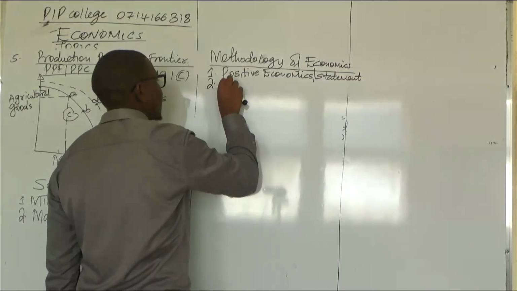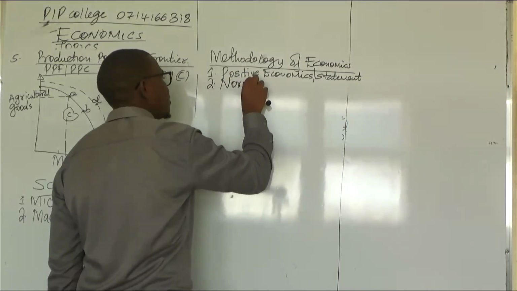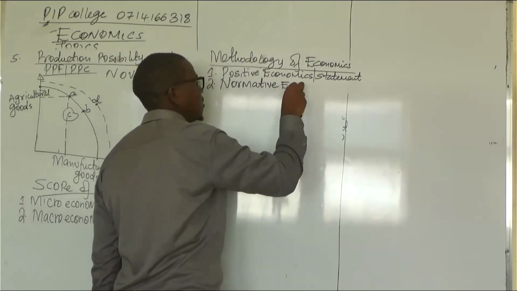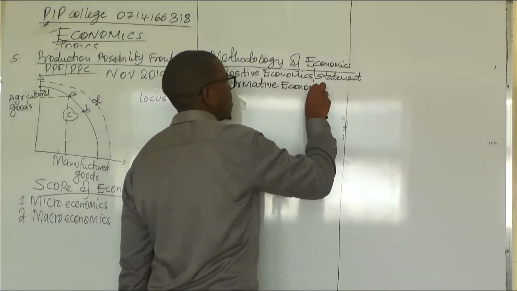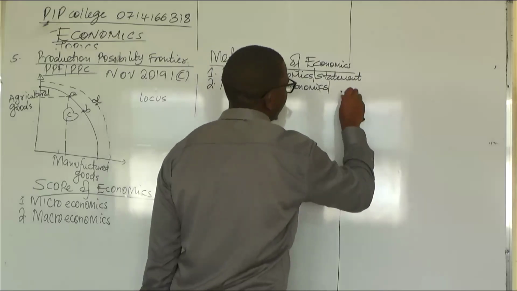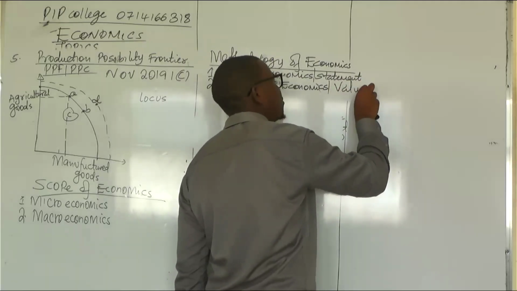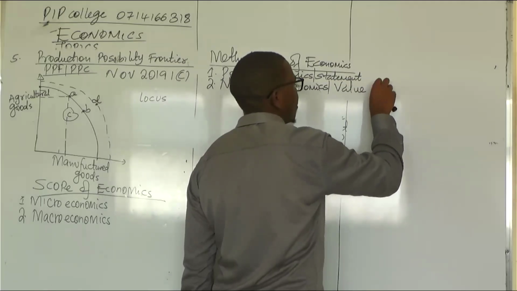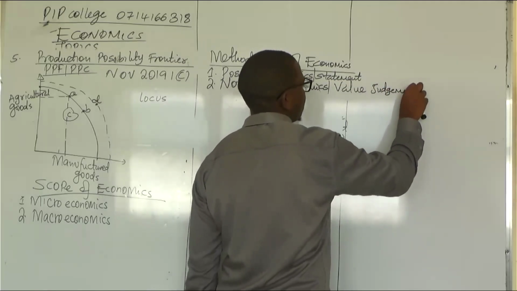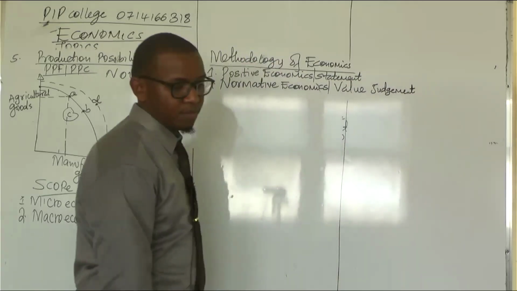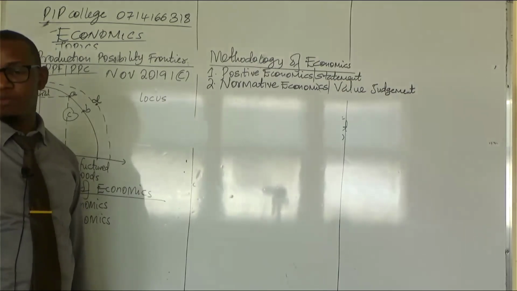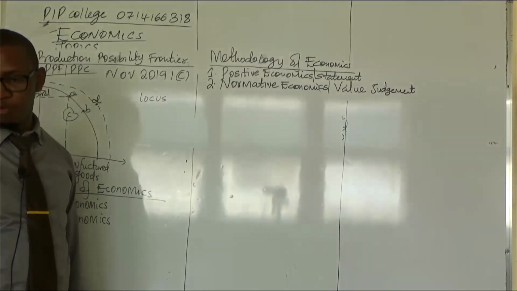Number two, we'll talk about what we call normative economics. Here we are talking about value judgments or people's opinions. That is what we'll be dealing with.